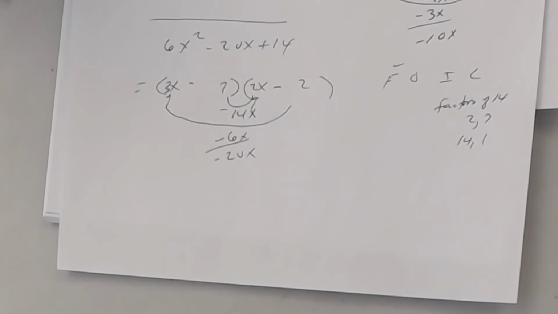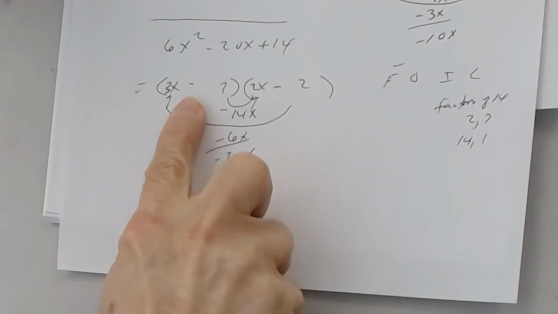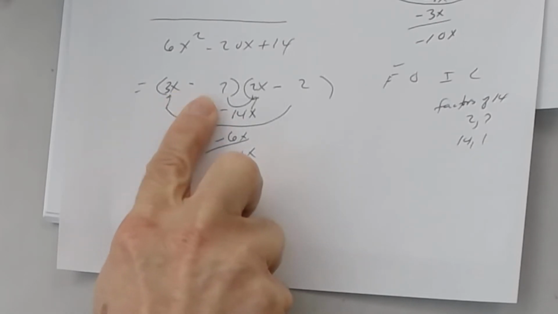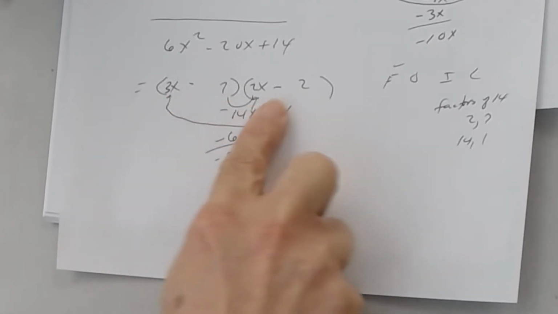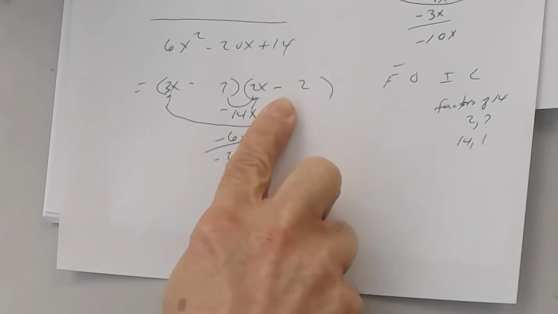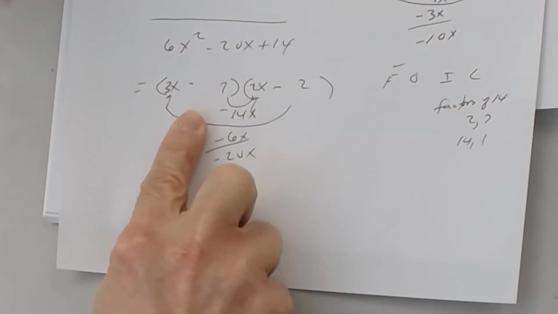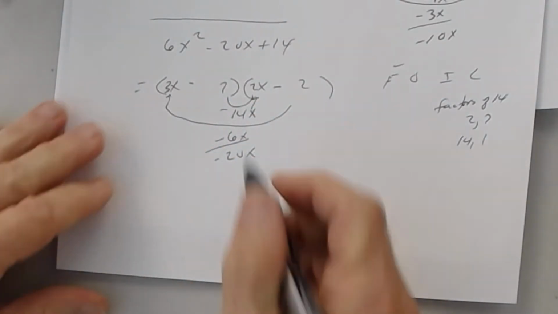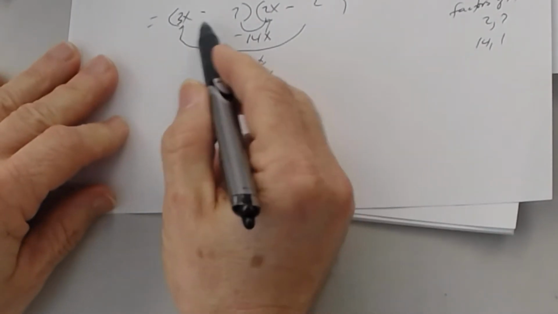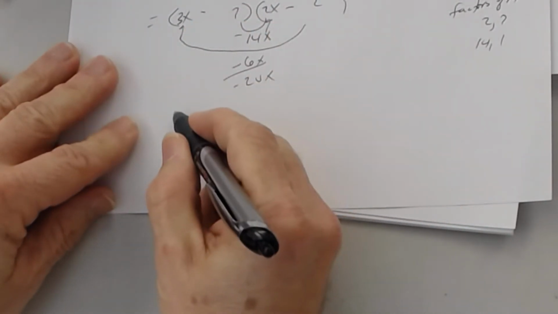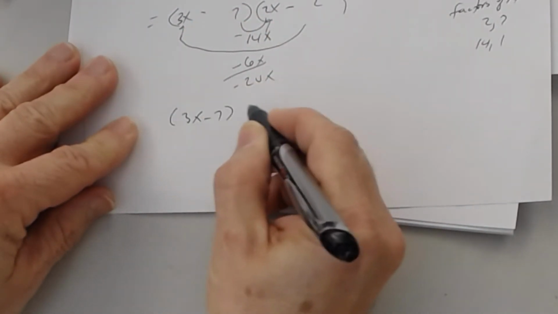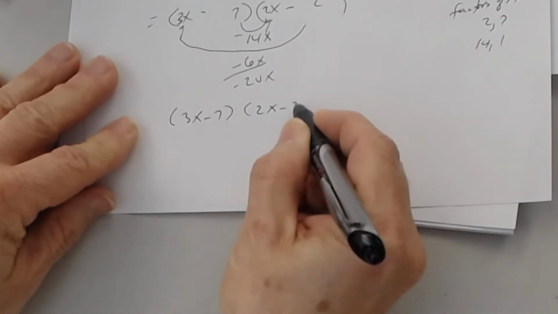But it's not. Because when you factor, you want to make sure that all of your factors have a GCF of 1. What's this GCF that I'm pointing to? 1. What's the GCF? 2. So you've got to factor out the 2. So right here, I'm going to go ahead and rewrite these again, because I need the room.